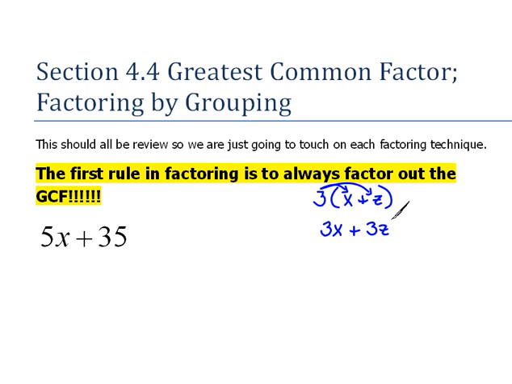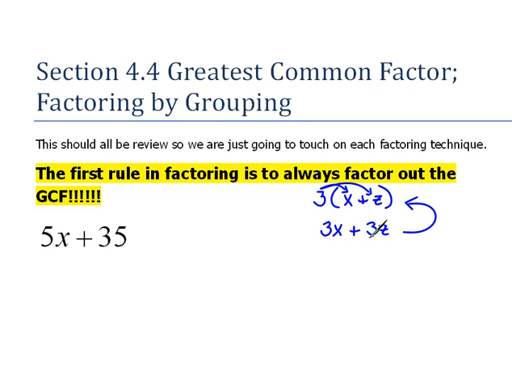Okay, if we can go forwards and multiply, then we should be able to go backwards, and given this polynomial, we should be able to factor it back out into its two factors, the two things that multiply together to get this polynomial. So that's exactly what we're going to be doing here.